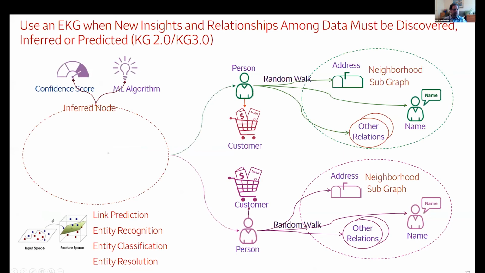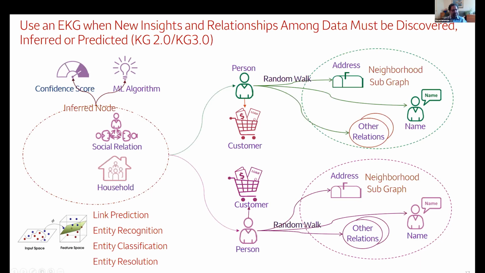And what happens is we can execute various algorithms like link prediction, entity recognition, entity classification, entity resolution, where as a result of these algorithms, we could infer a whole new node that can link these different entities, person A and person B. And based on the outcome of the prediction, we may infer person A and person B exist in the same social relation.